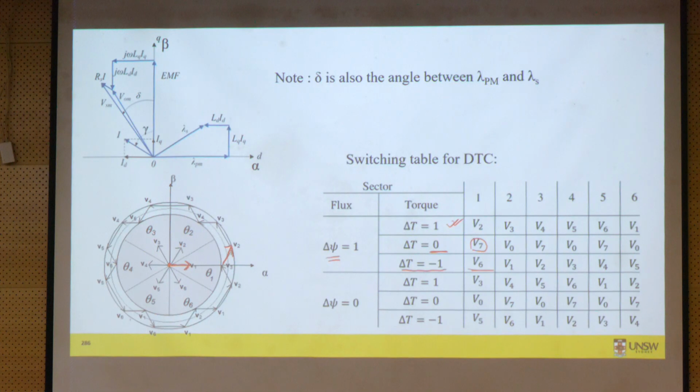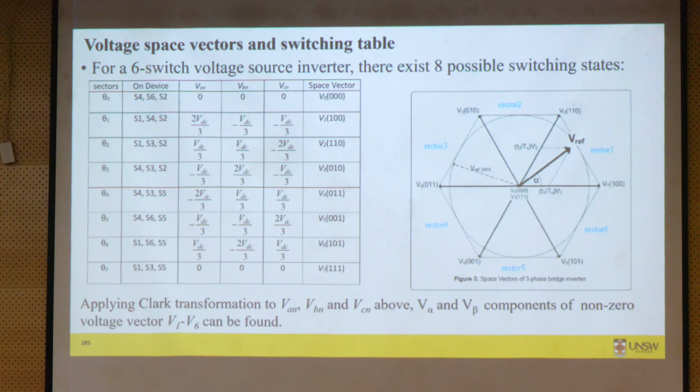You can see here, this is your V6, which is opposite of your V2. Because you want to now reduce torque, you will be applying the vector opposite of V2, which is V6, and so on. So for various conditions, you can find out what voltage vectors need to be applied, and accordingly you turn on and turn off these switches.